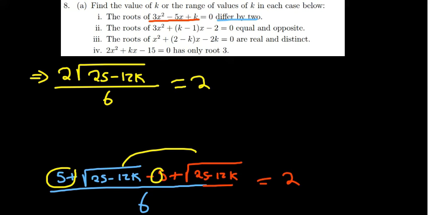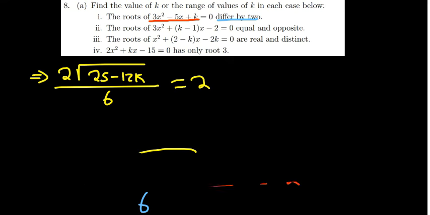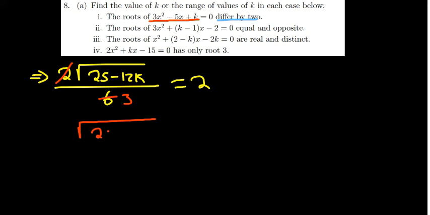At this point, what I would do is divide by 2, and there it will give me a 3. So that I now have root of 25 minus 12k, and then I'll multiply 2 and 3, giving us a 6.